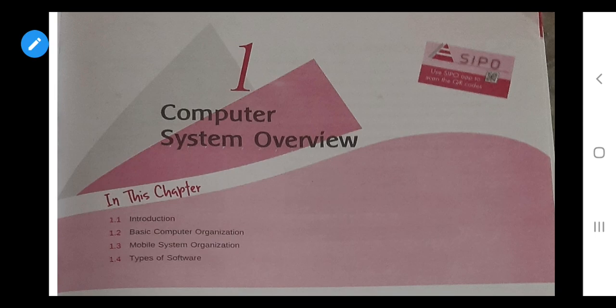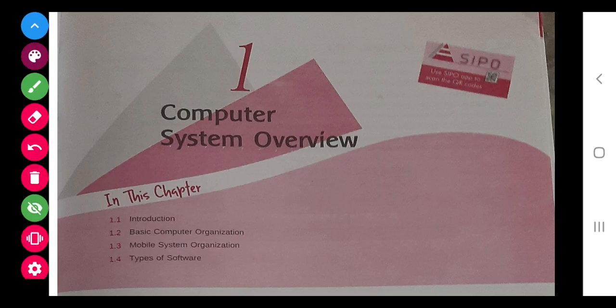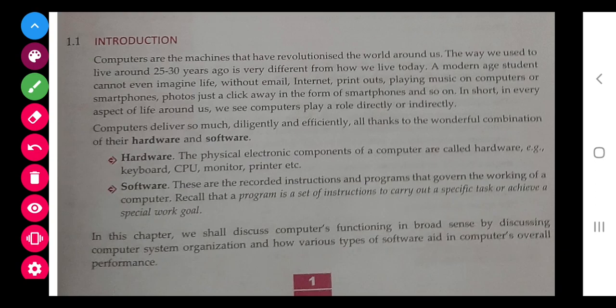In this we are going to study the basic computer organization, types of software, mobile technology, and everything. Whatever you have done till now from class 4 to class 10, we are going to study in this chapter.